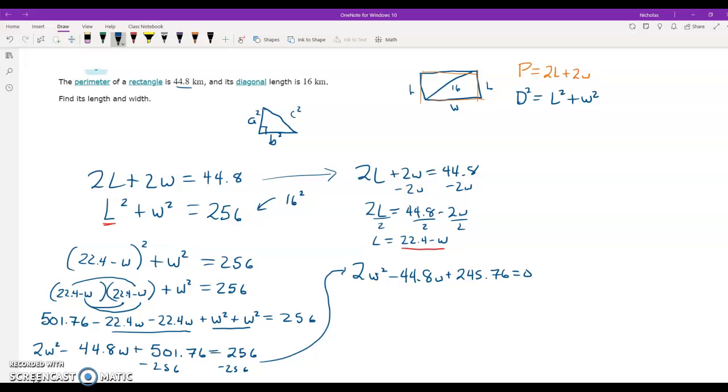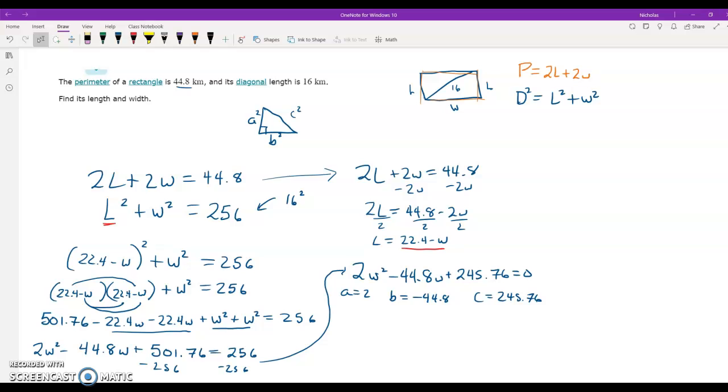Now you might think to yourself, where do I go from here? Well, we need to find those values of W. I think the only way to do this is I'm not factoring something that has decimals, so we're going to need to use quadratic formula here. So A is 2, B is negative 44.8, and C is 245.76.